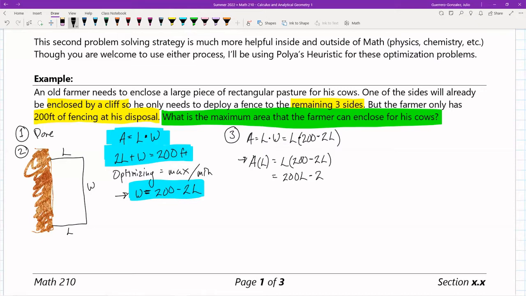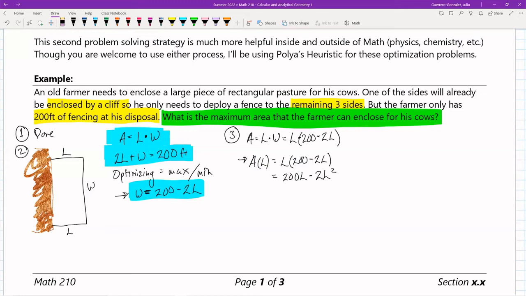200L minus 2L squared. So remember how we said in step 2, we want to maximize or minimize this area right here, right? We know from sections 4.3, 4.4, 4.5 that the maximums and minimums happen at critical points.